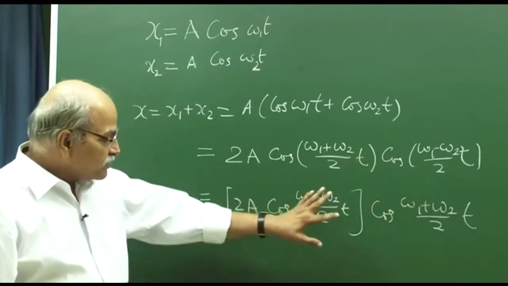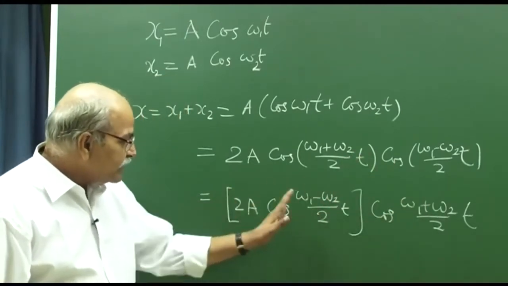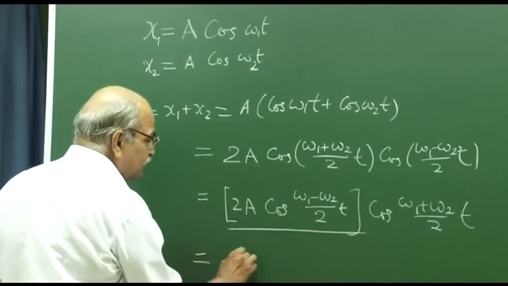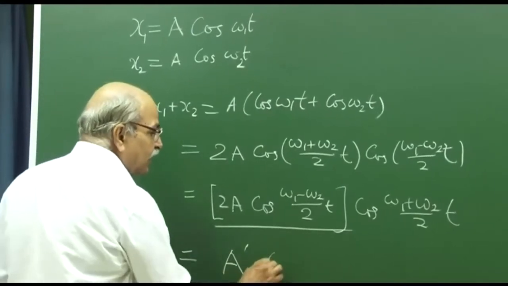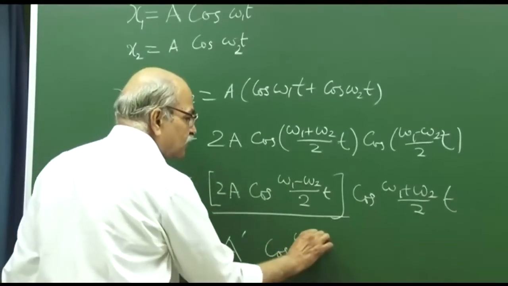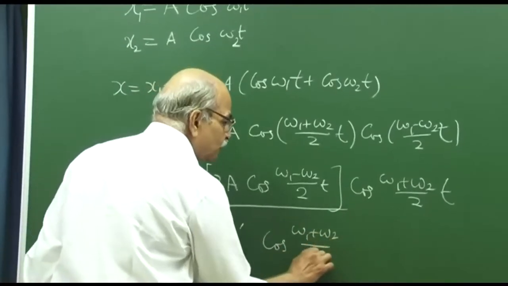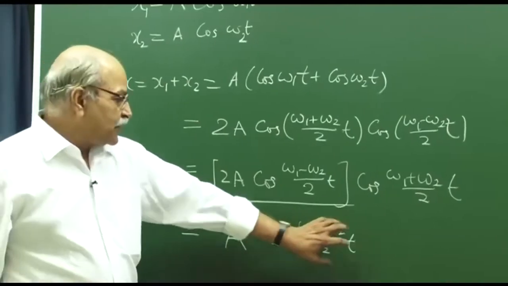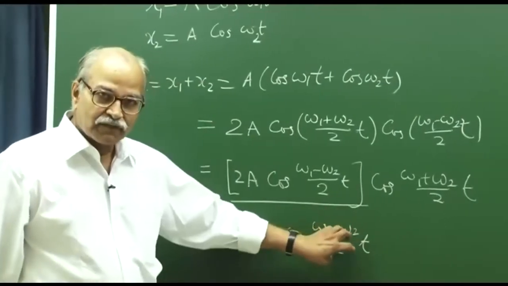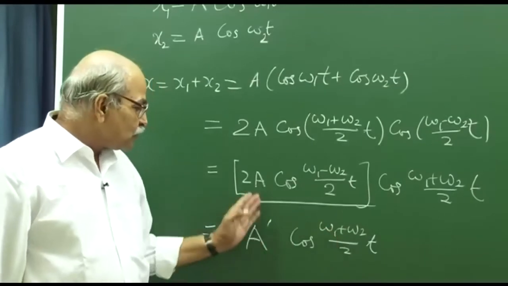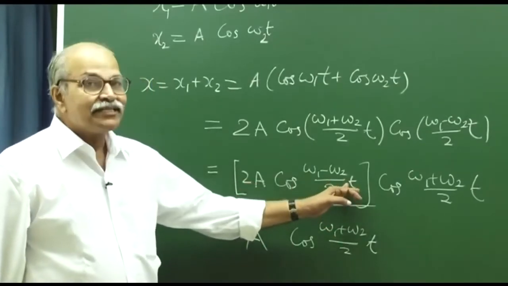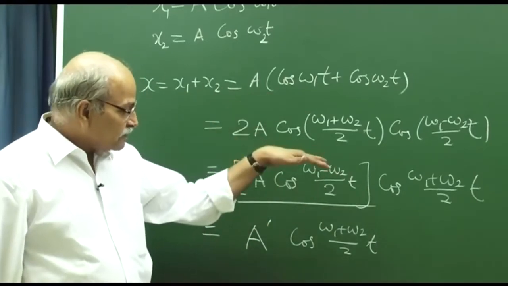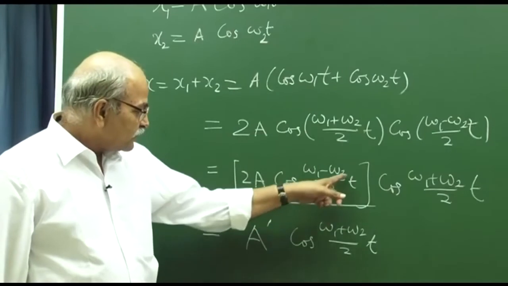So, you can describe this as an oscillation with this as the amplitude. You can write this as some a prime, some amplitude, and then cos of (omega 1 plus omega 2)/2 times t. This is the frequency with which it is oscillating roughly, and the amplitude itself is time dependent, and the oscillation of amplitude is given by this frequency.